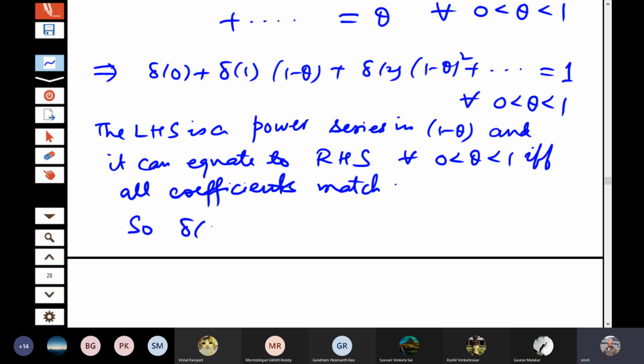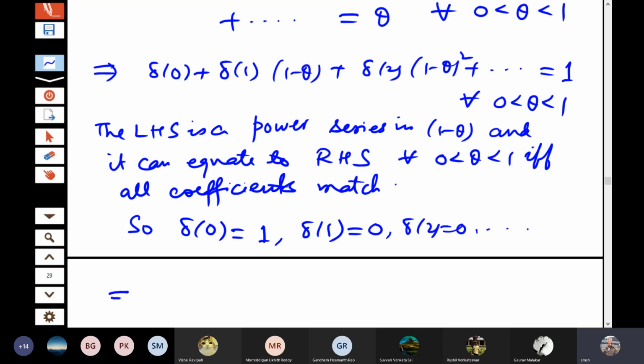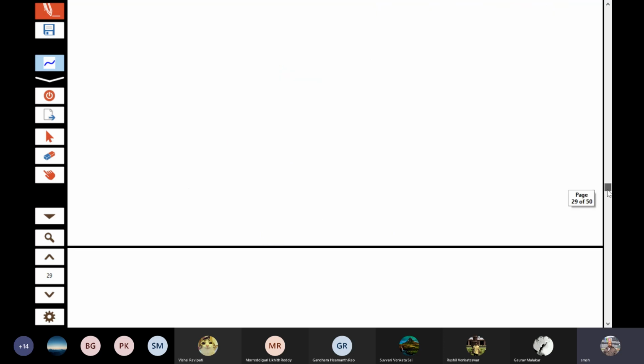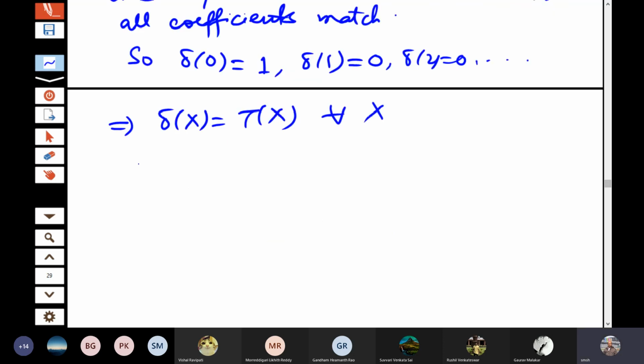So I will get delta(0) is equal to 1, delta(1) is equal to 0, delta(2) is equal to 0 and so on. That means delta(x) is equal to T(x) for all x. So you get only one unbiased estimator. So T(x) is UMVUE.